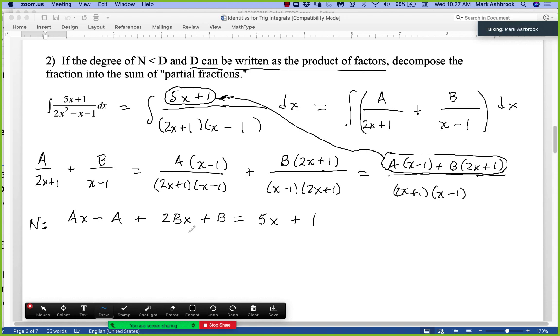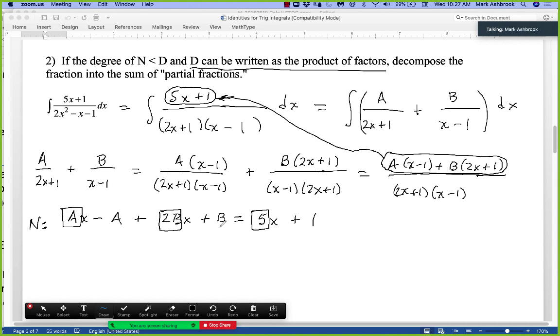So now we can match up the powers of x. I've got a as a coefficient of x, and 2b is a coefficient of x, and those two added together have to equal 5.